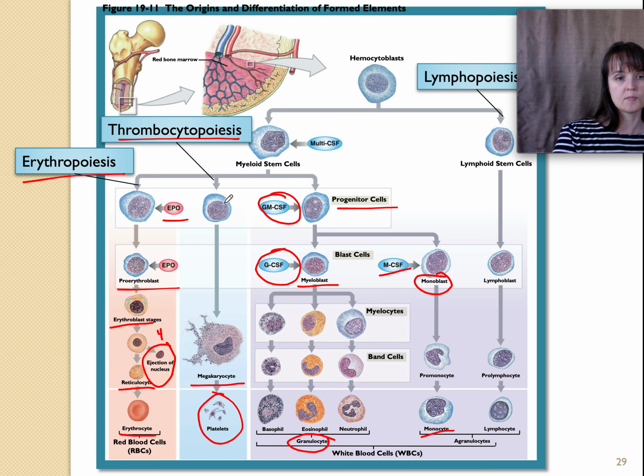Also progenitor cell, progenitor cell, progenitor cell. Just a whole list of them. And all of this myeloid stem tissue is stimulated by multi-CSF. So the multi-CSF does the erythropoiesis, thrombopoiesis, making of granulocytes and monocytes.